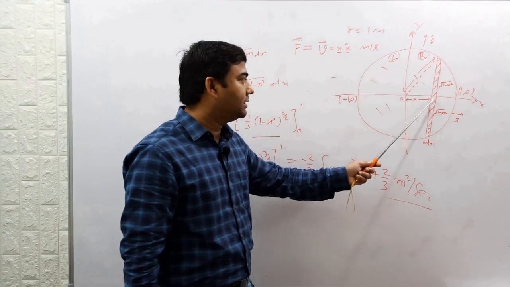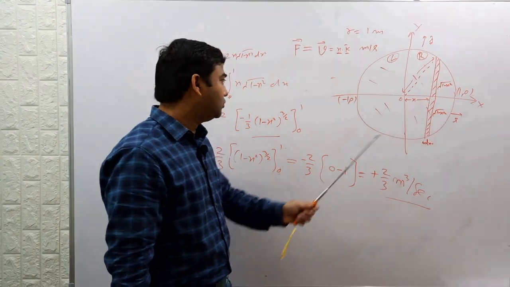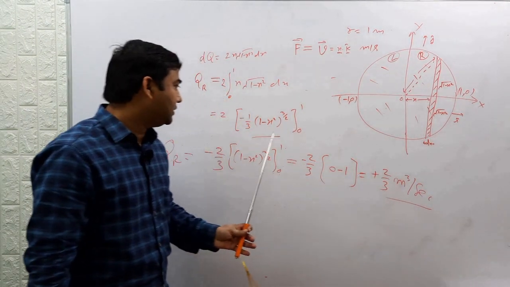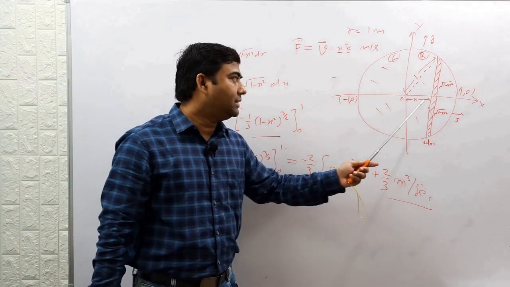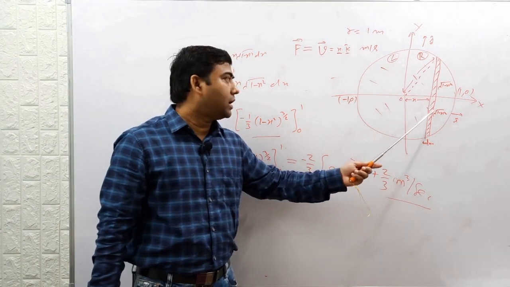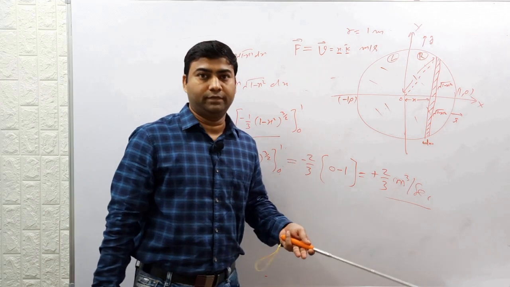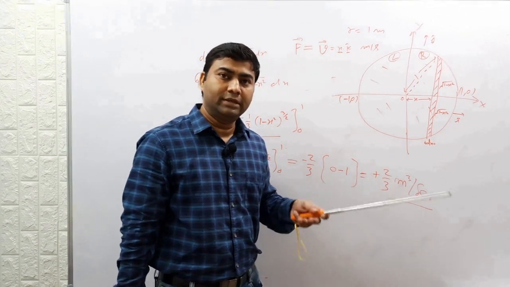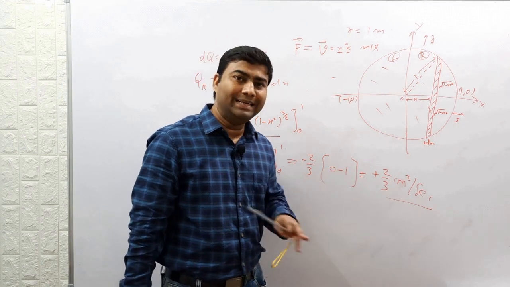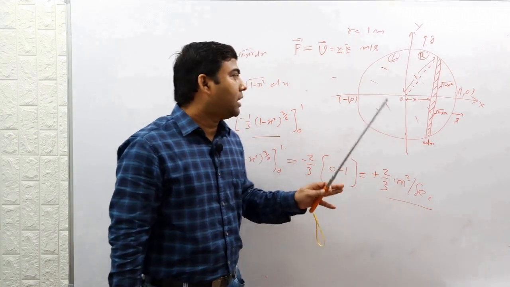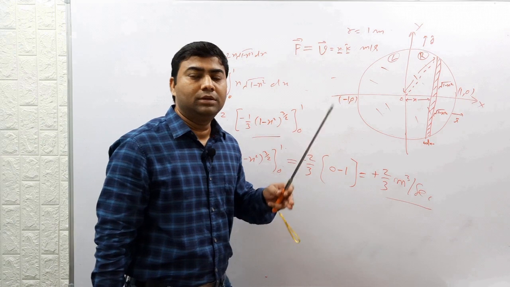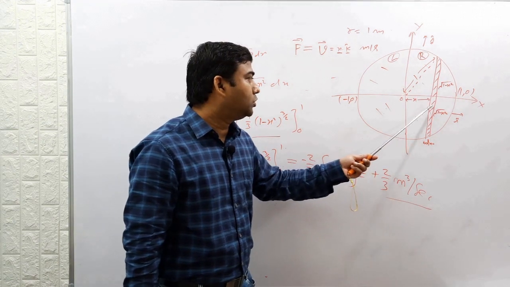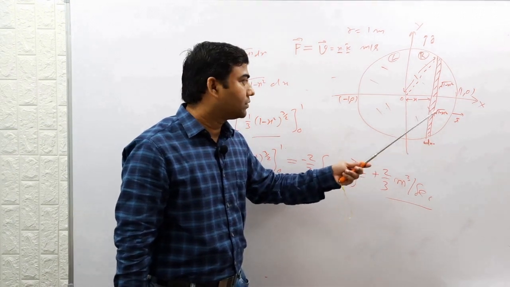Similarly, dA is the magnitude of this strip, and we have assumed the normal direction above the board is positive. Below the board we can also assume positive, that is up to you. You will get the same result, but above the board we have assumed positive. So both are in the same direction.